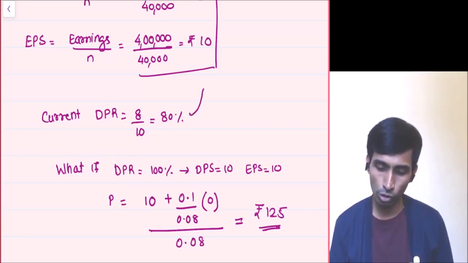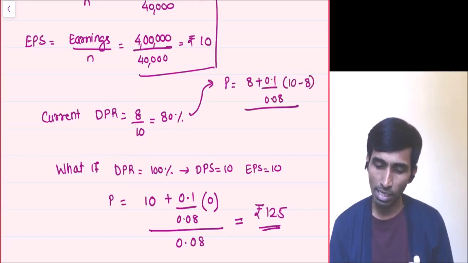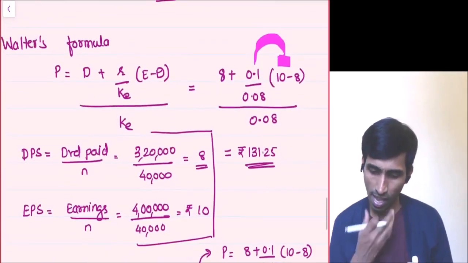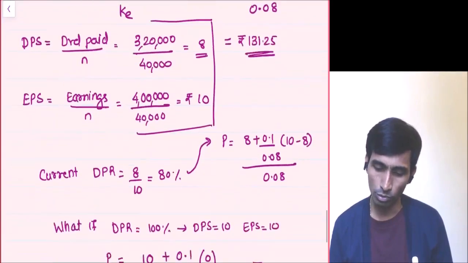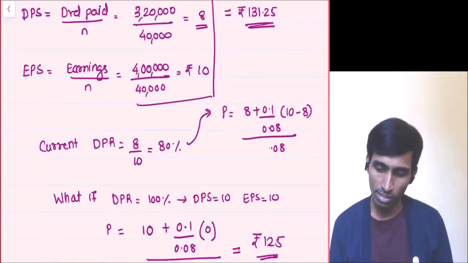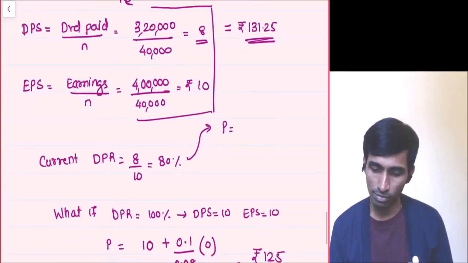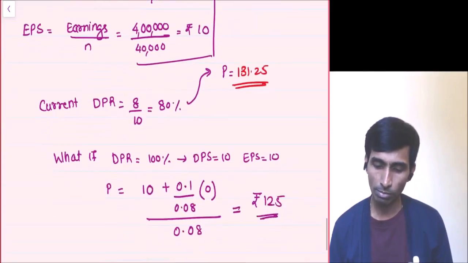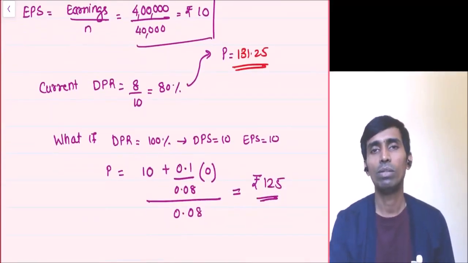Let us check for the 80% case also: 8 is the dividend plus 0.1 divided by 0.08 into 10 is the earnings, dividend I paid is 8 upon 0.08. This is already done: 131.25. Here my price is 131.25. See what I'm trying to prove.